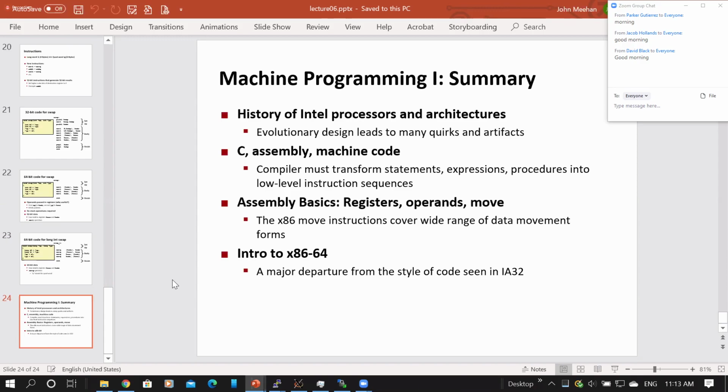We looked at a little C snippets and how it gets turned into some assembly language. And we looked at some basics about assembly language, about how we name the registers and how we talk about the operands, how we move things around. And we looked at both the 32 and the 64-bit. So we'll move on to the next lecture now.